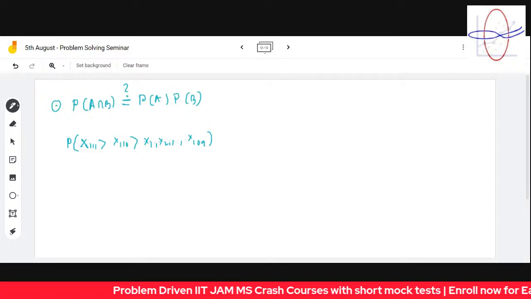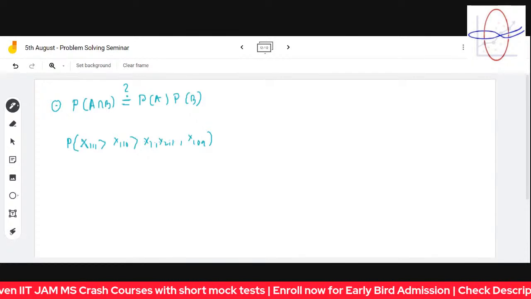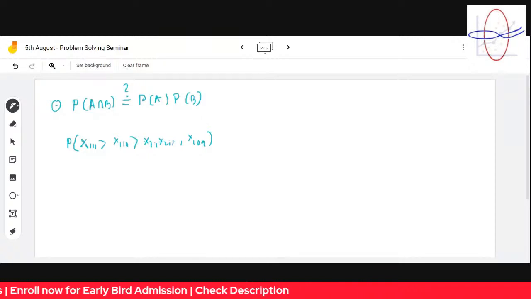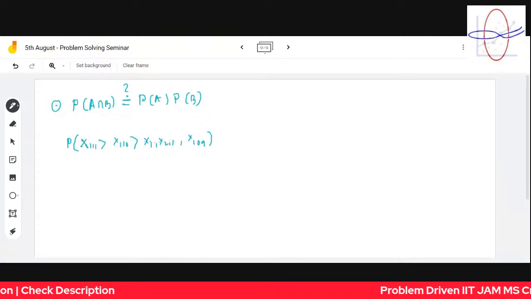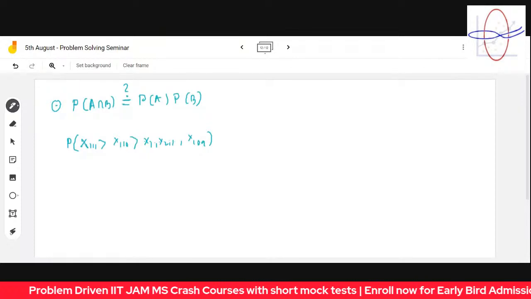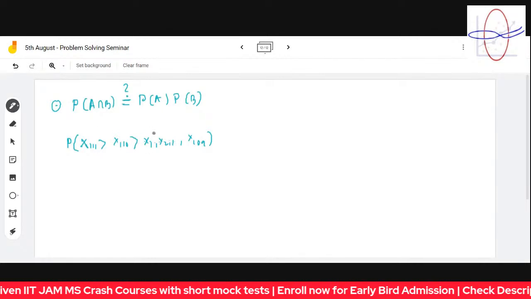Understand this very carefully. What can happen? Let's see this. So understand the exchangeability of random variables.